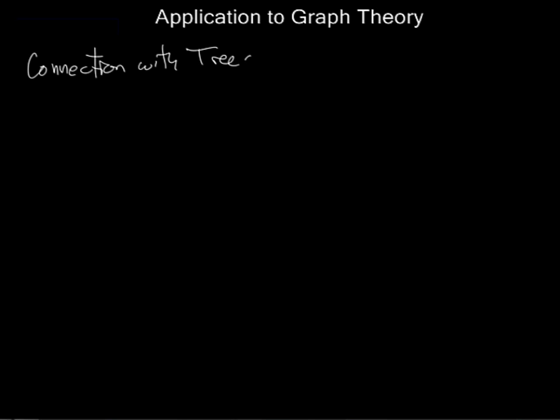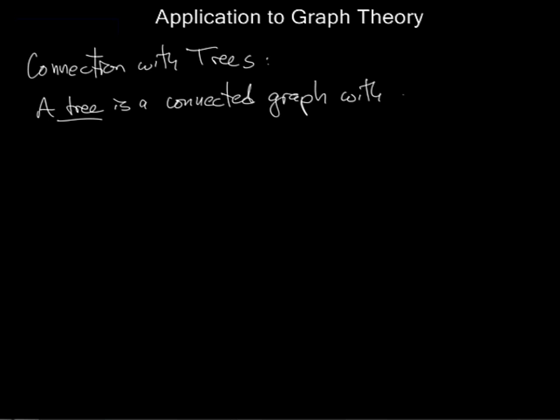Here's a different way to say this, not really having something to do with circuits so much as the notion of a tree. A tree is a connected graph that doesn't have any loops. Here's an example of a tree.